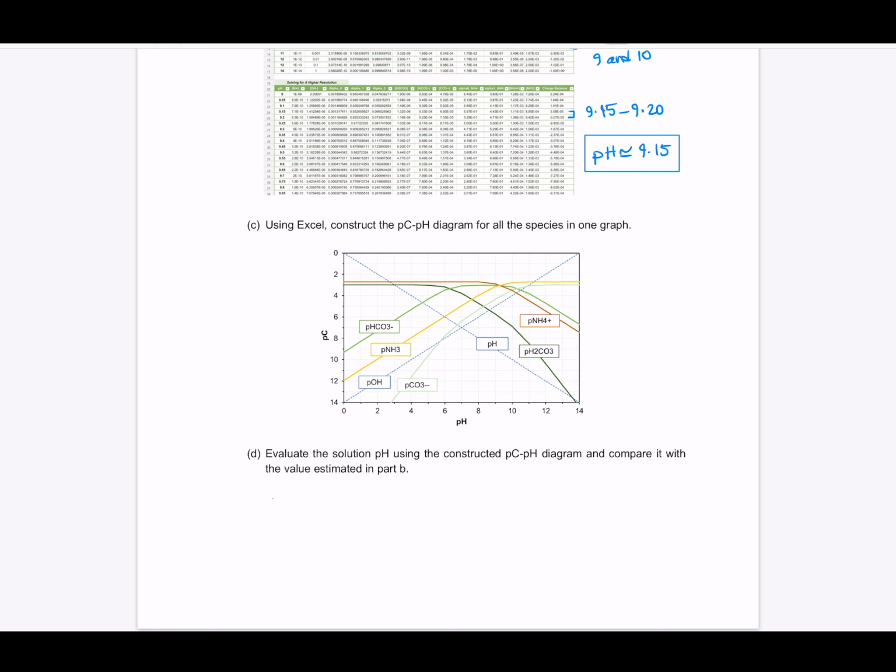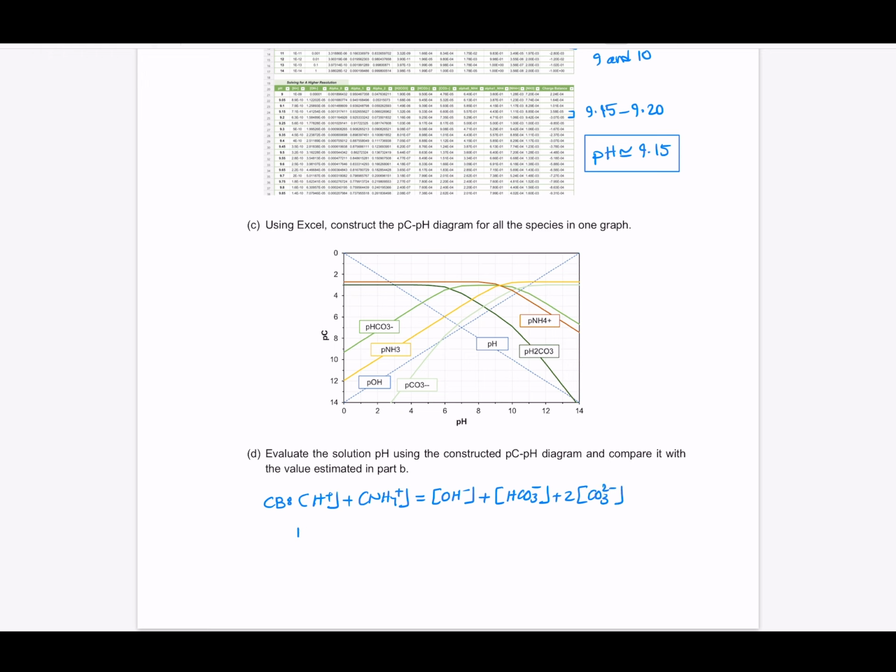So when we look at the charge balance, we see that we have proton and ammonium equal to hydroxide plus bicarbonate plus the carbonate term.